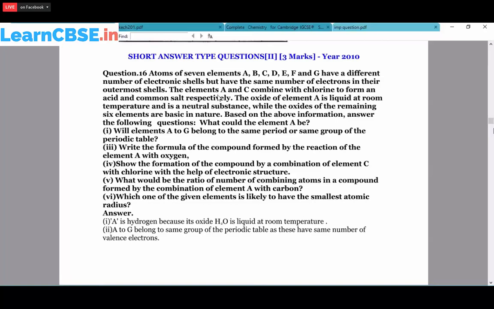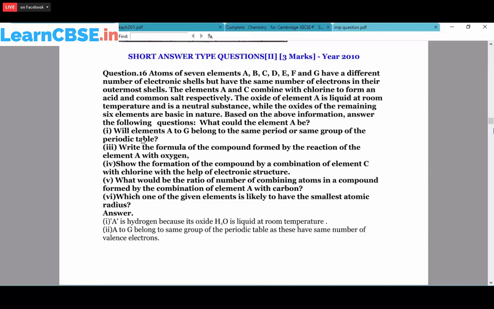The elements A and C combine with chlorine to form an acid and a common salt respectively. The oxide of the element A is liquid at room temperature and is a neutral substance, while the oxides of the remaining six elements are basic in nature. Based on the above information, answer the following questions. What could be the element A?